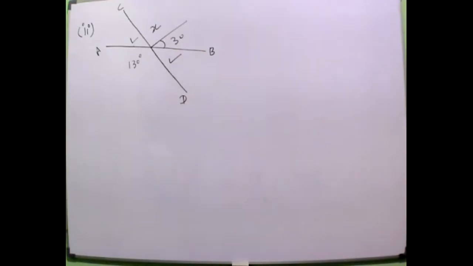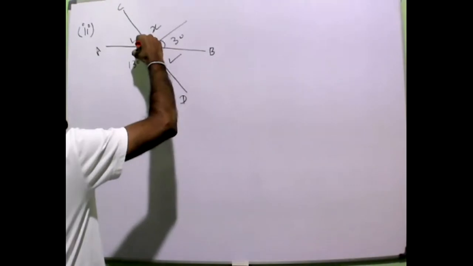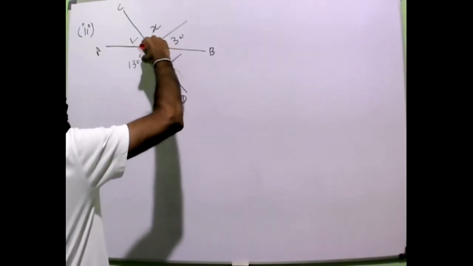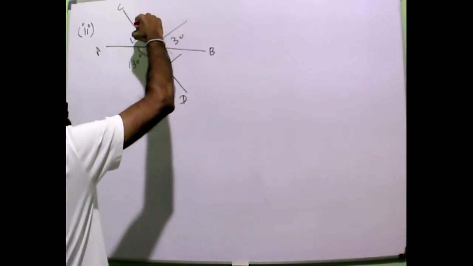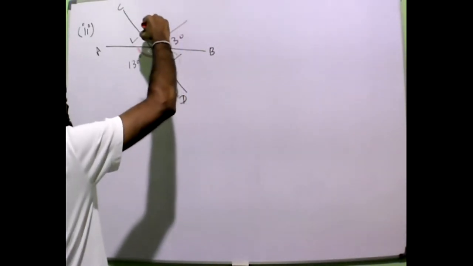I will use a different color, maybe red. What is the opposite angle for this obtuse angle? This is 130. So it should be this whole thing, right?